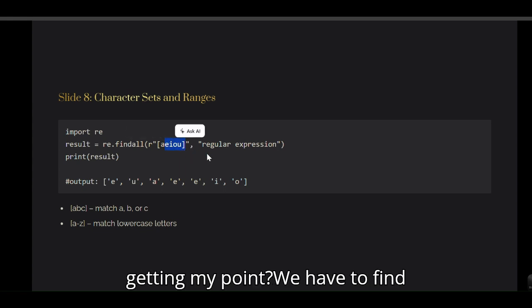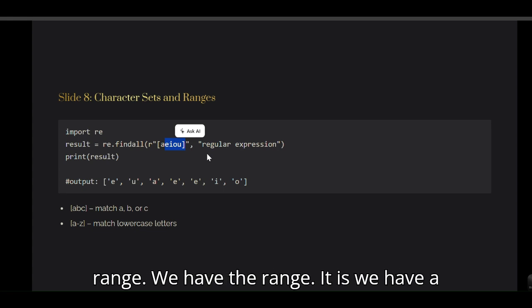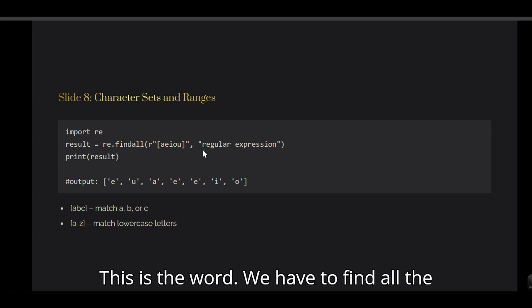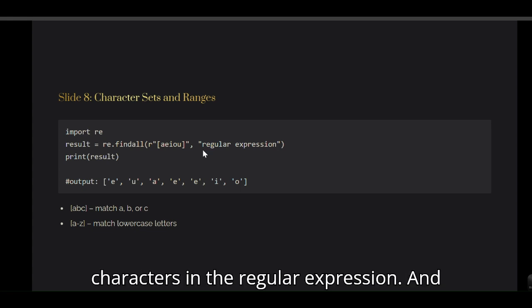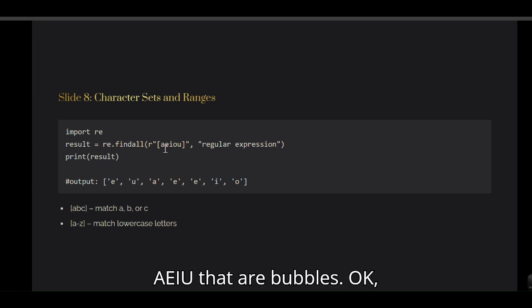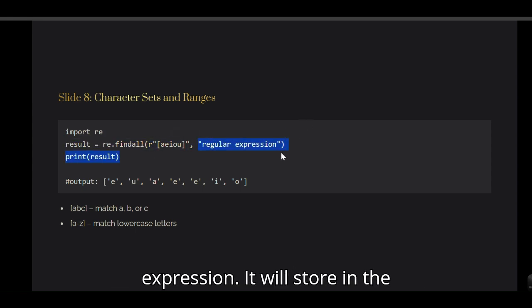Are you getting my point? We have to find all the characters, but in a particular range. This is the text, and the characters we have given are the vowels. So we find all the vowels in our regular expression, and they are stored in the result.